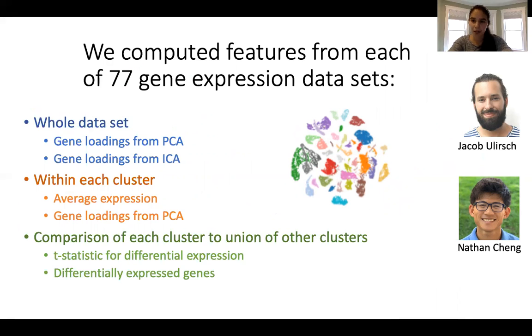Then within each cluster, they created a feature from the average expression as well as from within-cluster PCA gene loadings. And then comparisons of each cluster to the union of other clusters: a t-statistic for differential expression, as well as a list of differentially expressed genes. Doing this for each of the 77 gene expression data sets gave us the gene features that we're calling gene expression gene features.